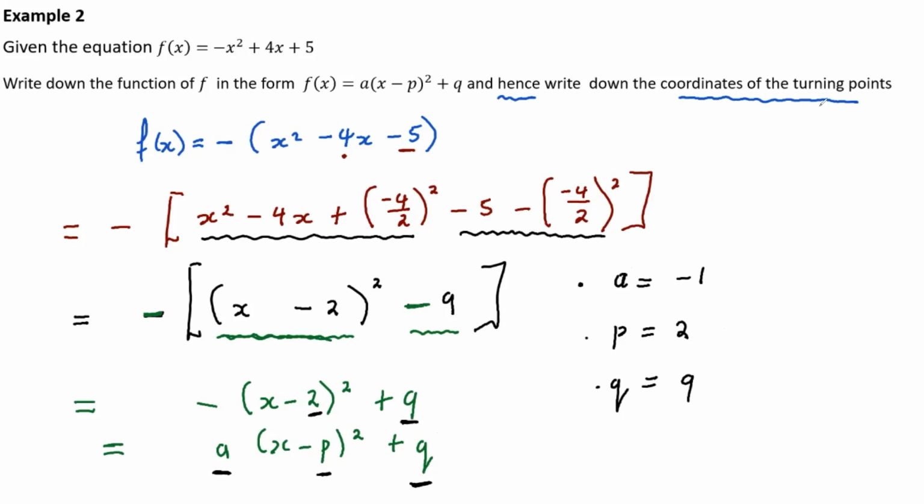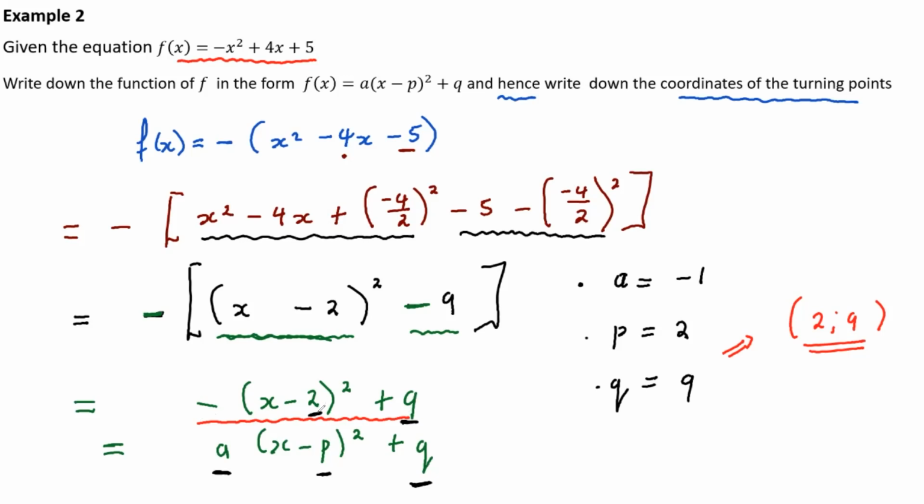But the question was just asking about the coordinates of the turning point. Earlier, I said to you guys, the coordinates of the turning point basically will be P and Q, 2 and 9, X and Y. So you've converted this particular standard form into the turning point format.